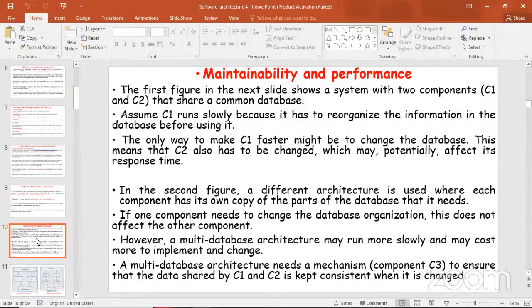Assume C1 runs slowly because it has to reorganize information in the database before using it, right? That means once you access it, for instance, you have data stored like an Excel sheet stored in the database, right? You access the database.